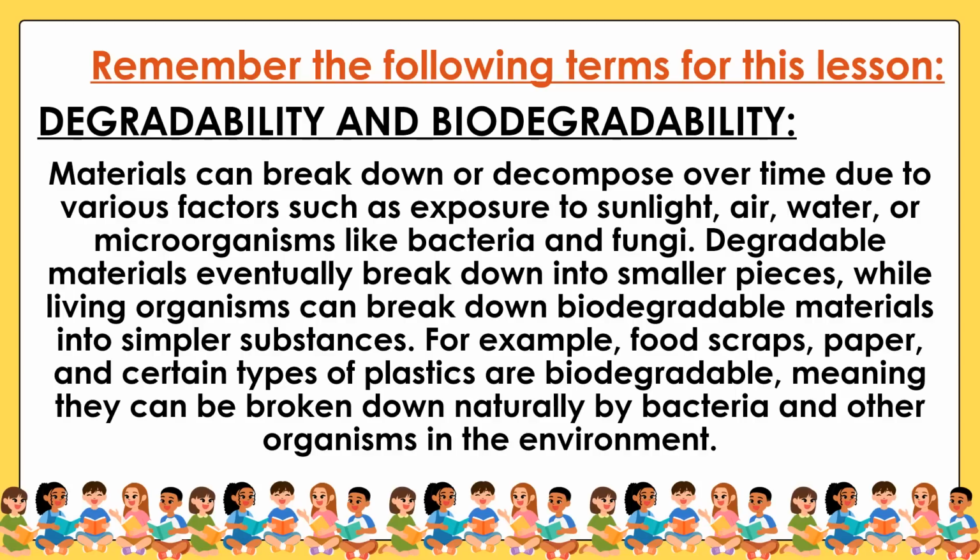Degradable materials eventually break down into smaller pieces, while living organisms can break down biodegradable materials into simpler substances. For example, food scraps, paper, and certain types of plastics are biodegradable, meaning they can be broken down naturally by bacteria and other organisms in the environment.